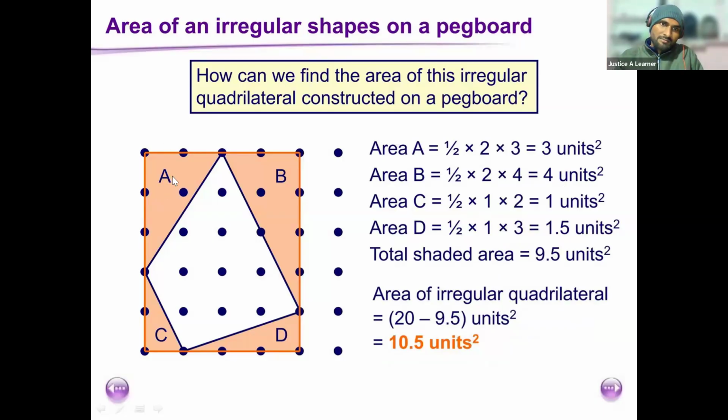And area B, how is this calculated? Can you find that? And area C also, right? And area D also, right? Okay, then you may find the sum of them. What would be the sum total?